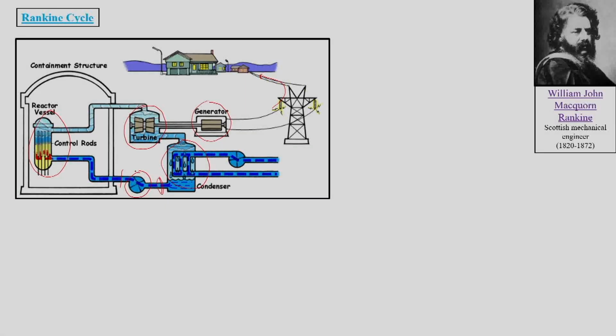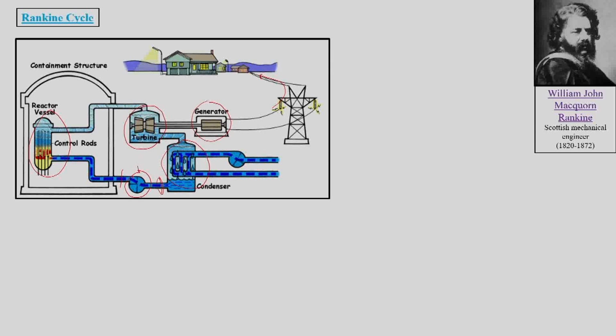So the Rankine cycle has a pump which executes the pressure rise of water. It is an isentropic process, a reversible adiabatic compression of water in the pump. Then we have the steam generator or boiler.